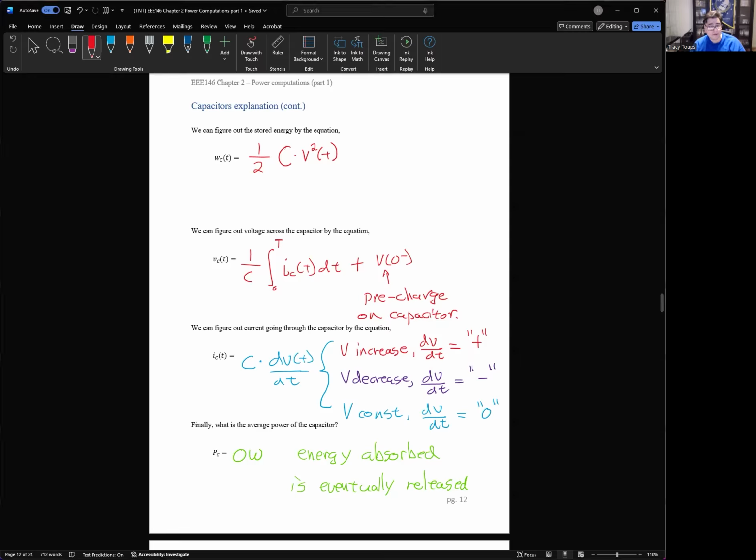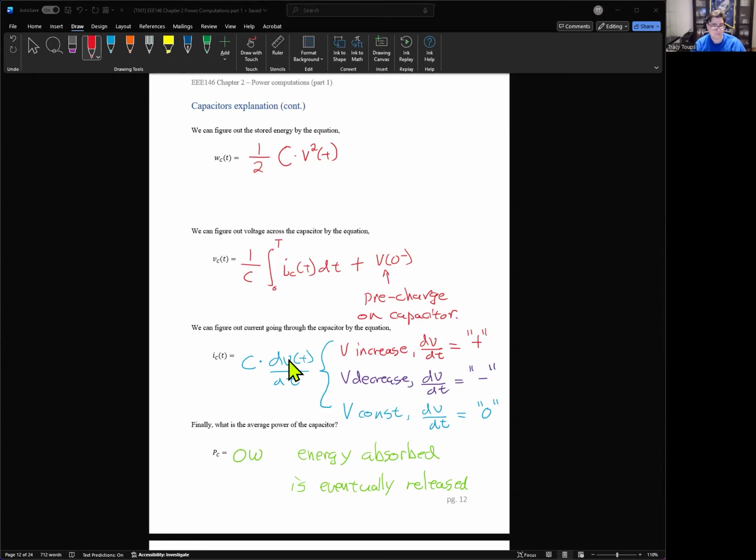And then it's going to be a bigger number. So if we try to spike the voltage from 5 to 10 in 1 millisecond, yeah, this would be a huge number. If we go from 5 to 10 over 5 minutes, this is going to be a very small number, but it will be positive. Okay, so that's why the current is positive. Whenever you try to increase the voltage on a capacitor, current needs to flow in, and that's why it's positive. Okay.